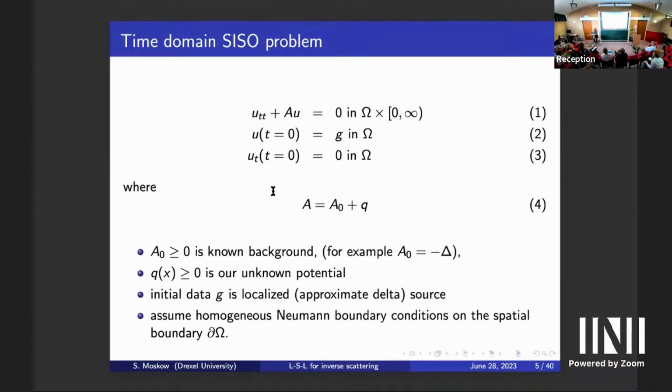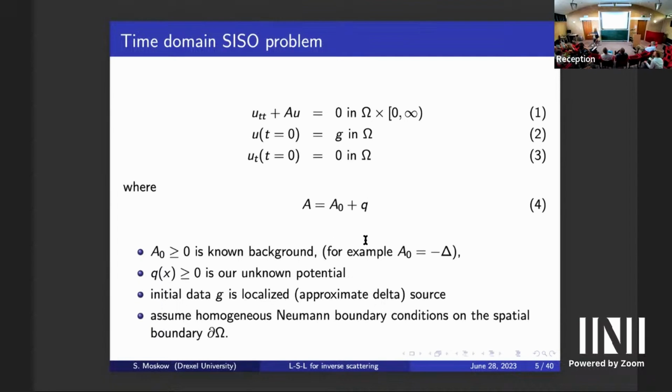So just to explain the method, I'm going to start by explaining it in the time domain. Vladimir talked about this, so I'll go through it quickly, but I think it's the easiest, it has a nice explanation, and also shows why these basis functions depend only weakly on Q. So imagine we have a time domain problem like this with some known background, A0, let's just say it's the Laplacian.